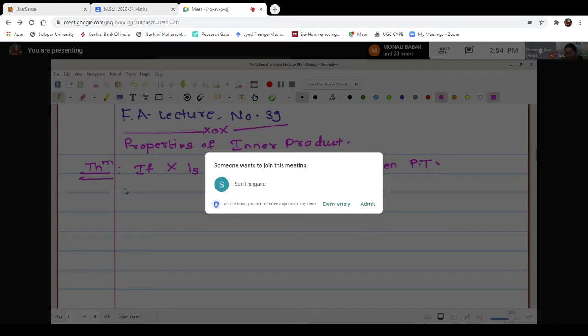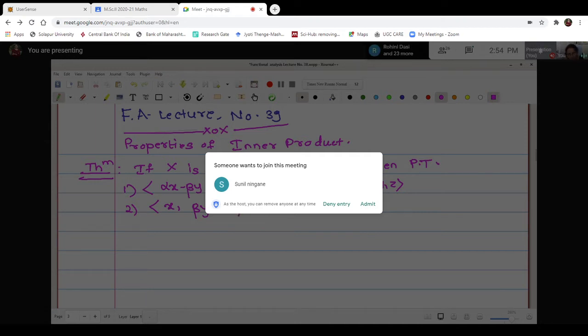What to prove? The first property to prove is inner product alpha x minus beta y together with z is alpha times inner product x with z minus beta times inner product y with z. This is the first property. Second property to prove is inner product x with beta y plus gamma z, that is linear combination is taken in the second coordinate.